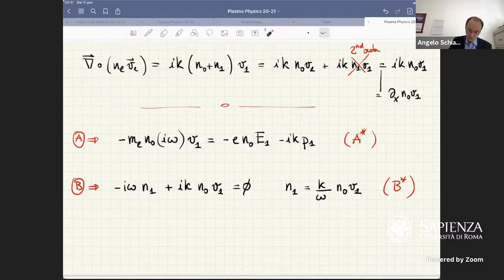Finally, we have the C equation, which was the Gauss law. And the Gauss law was the divergence of the electric field. So in 1D, it becomes ik times epsilon naught.